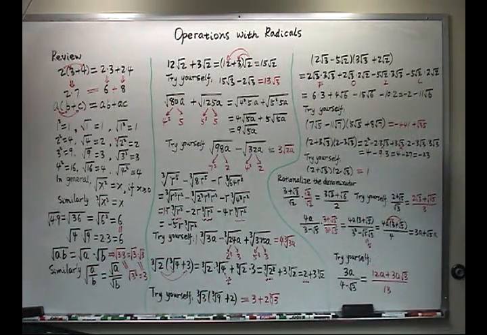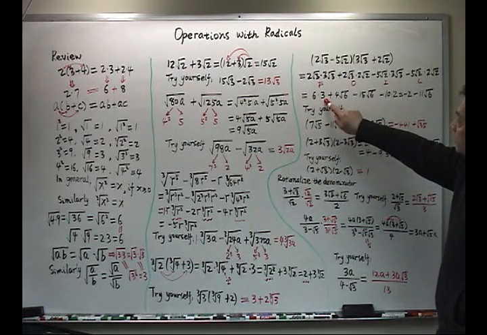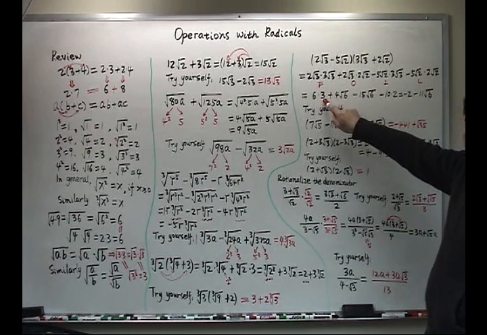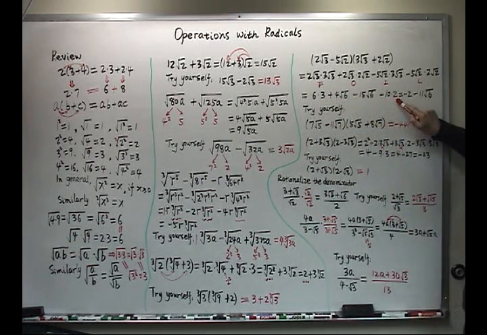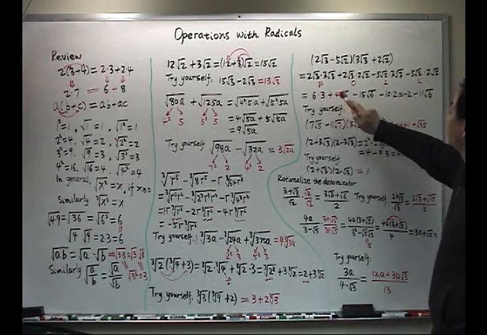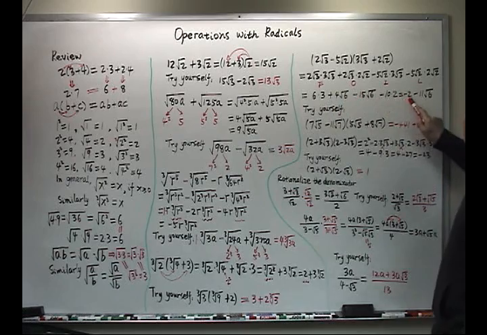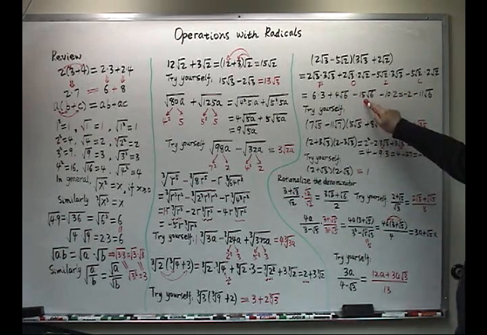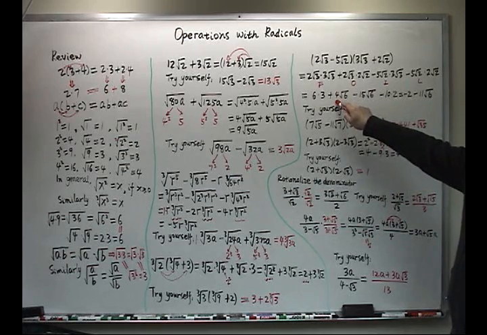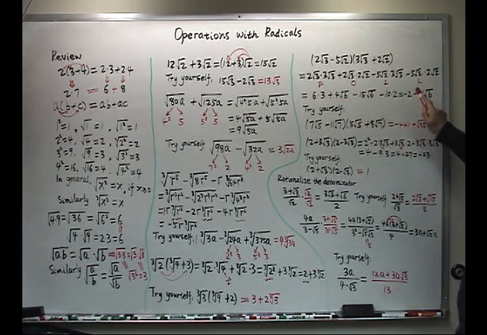All right. 6 times 3 is positive 18. 10 times 2 is 20, but here is negative. So 18 positive, 20 negative. Together we have a negative 2. Negative 15, positive 4. Together we have a negative 11. And then we leave radical 6.